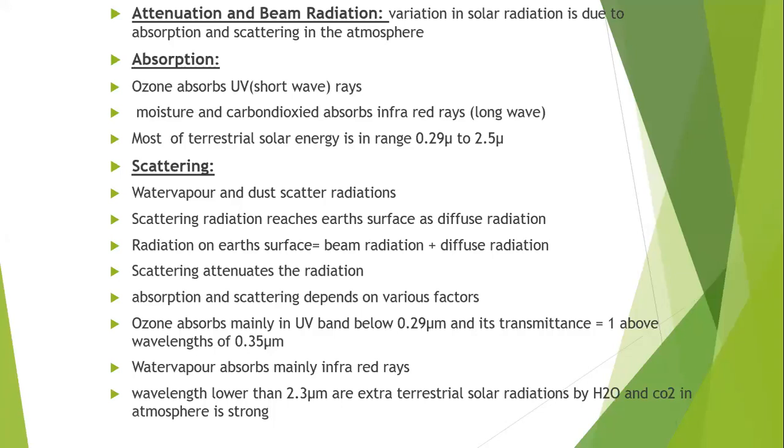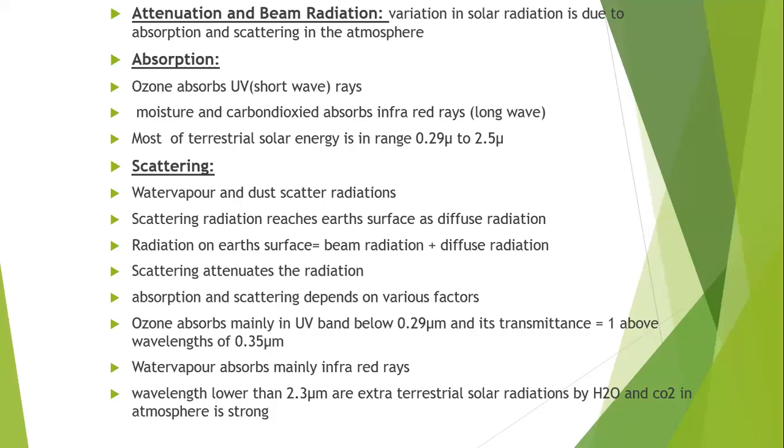Energy received by the earth is termed as terrestrial. Most of the terrestrial solar energy will be lying in the range of 0.29 microns to 2.5 microns. Finally, to the earth we are getting the wavelength of 0.29 microns to 2.5 microns. So this is about absorption.